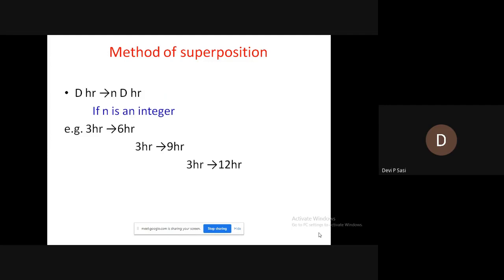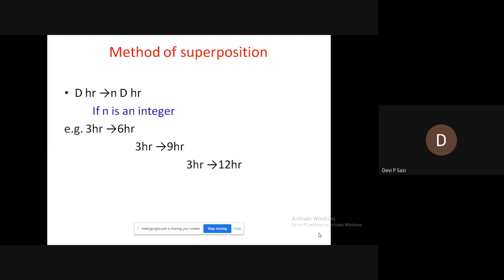For example, we can produce a 6-hour unit hydrograph from a 3-hour unit hydrograph, because 3 into 2 is equal to 6, so n is equal to 2, an integer. Similarly, a 9-hour unit hydrograph can be produced from a 3-hour unit hydrograph because n is 3, 3 into 3 equal to 9.